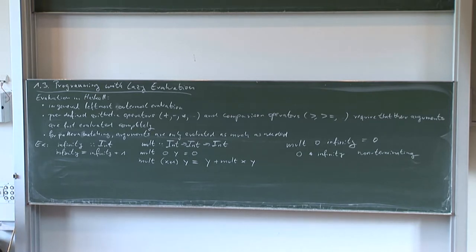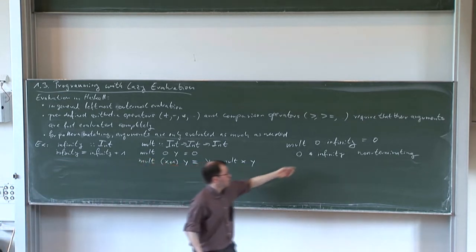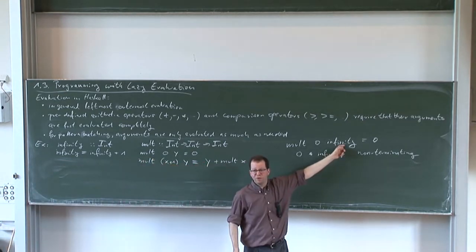Now, the big advantage of lazy evaluation is that, apart from efficiency improvements, because only those things are evaluated that you really need. Now imagine that it's not infinity, but something which takes 1 hour to evaluate.